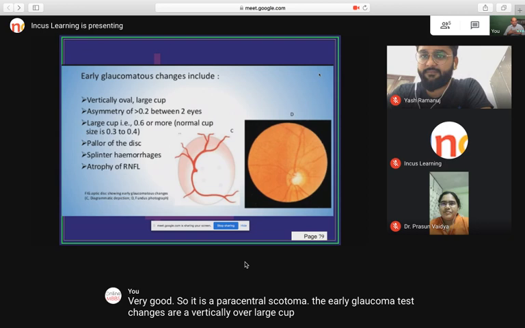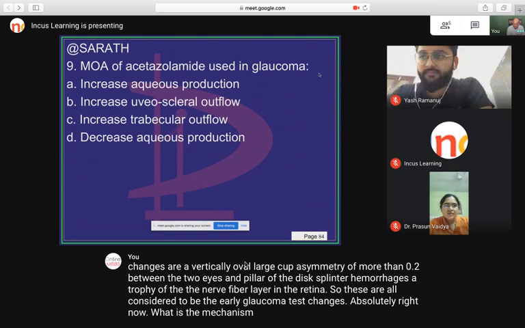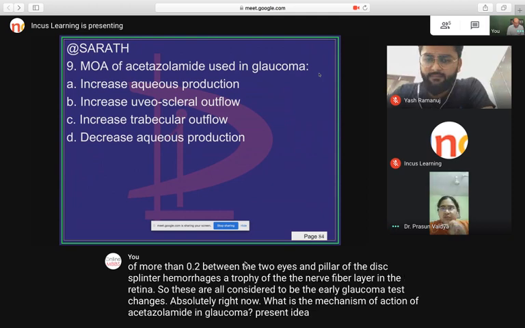Absolutely right. Now, what is the mechanism of action of acetazolamide in glaucoma? Increase uveoscleral outflow.